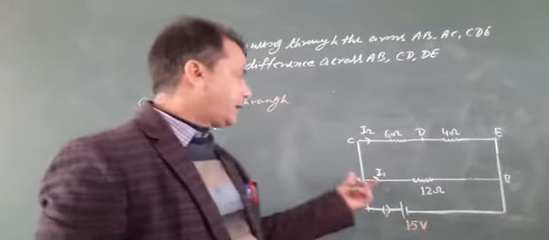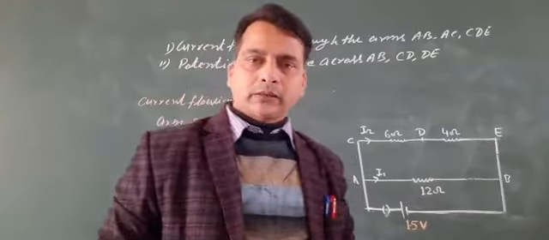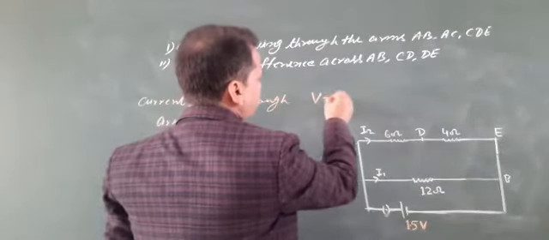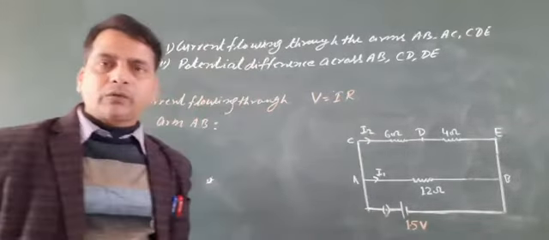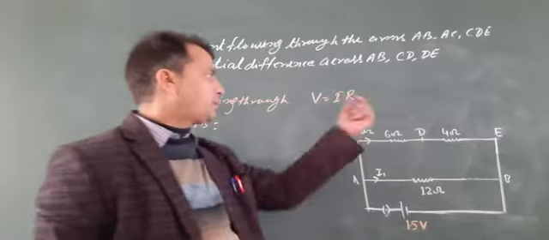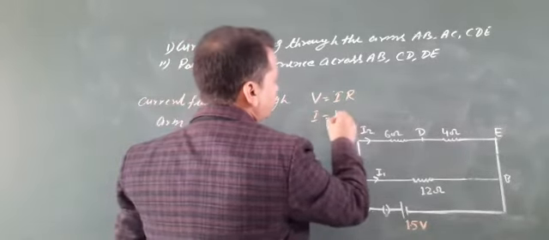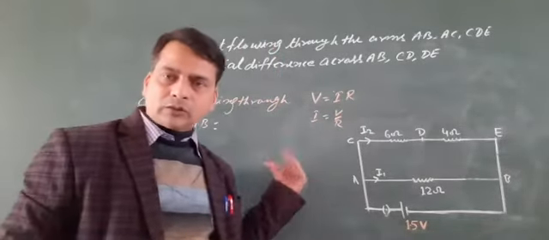According to Ohm's law, we know that potential difference equals electric current into resistance. So V equals IR. Applying this formula, electric current I equals V by R. So we apply this formula in this question.